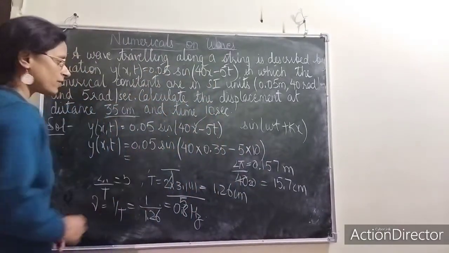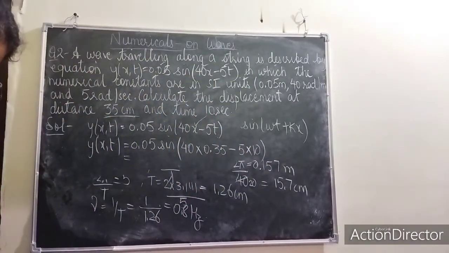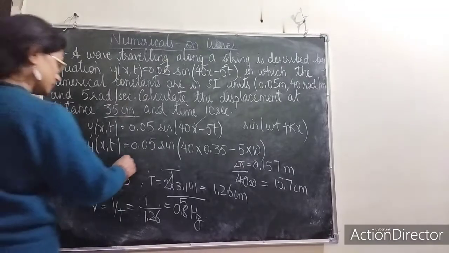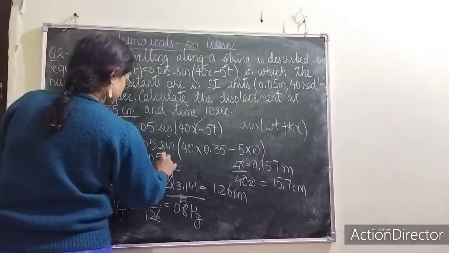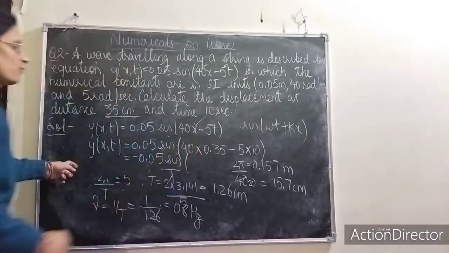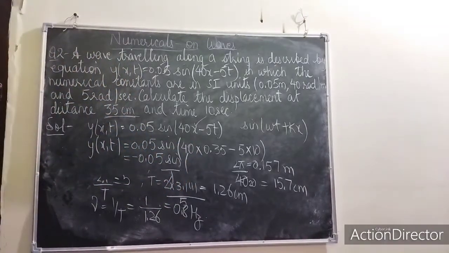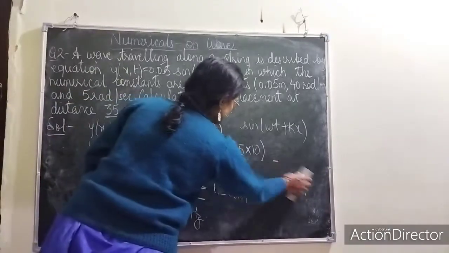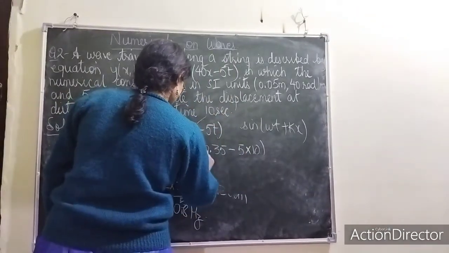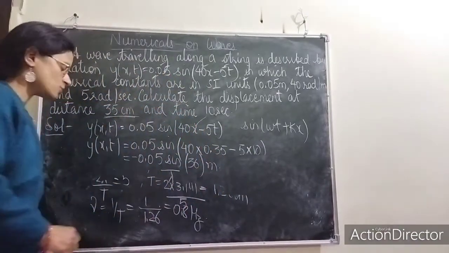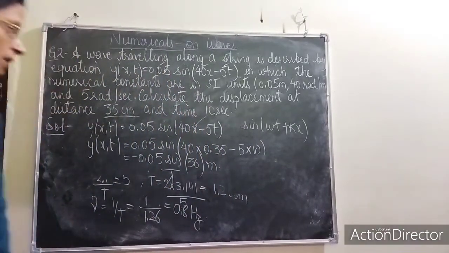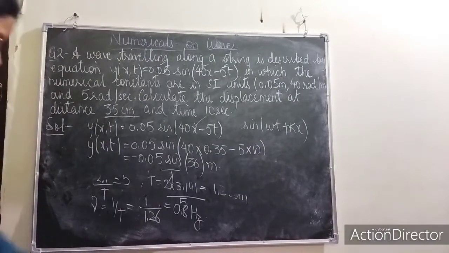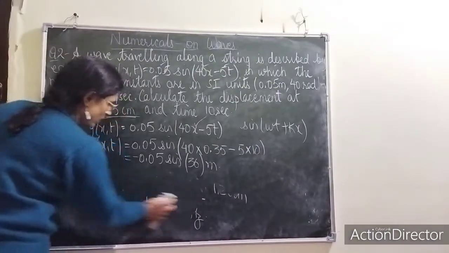So on substituting the values, we get 0.05 sine of 40 into 0.35 minus 50, that will give us sine 36. So like this we have substituted all the values and we got the result as y.